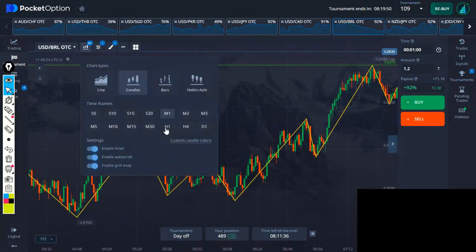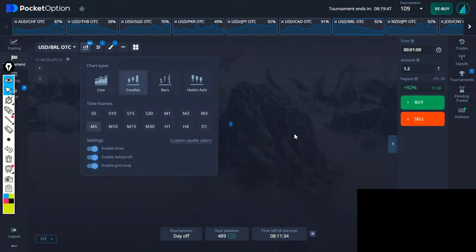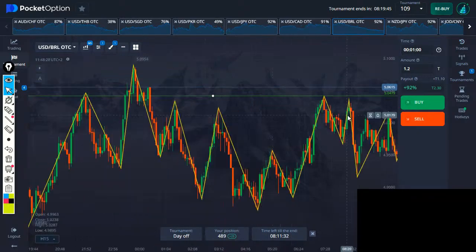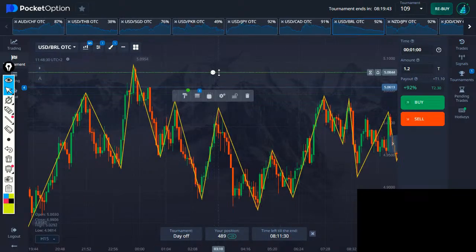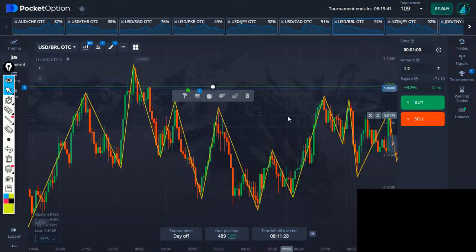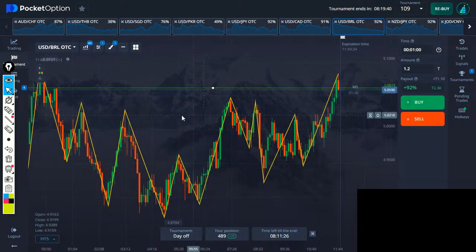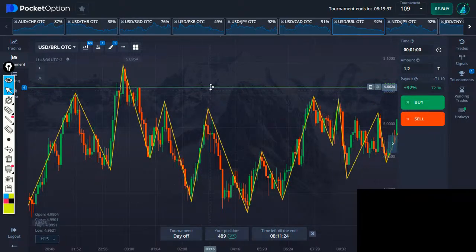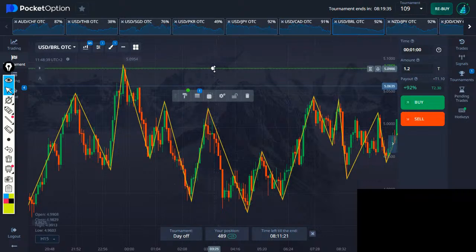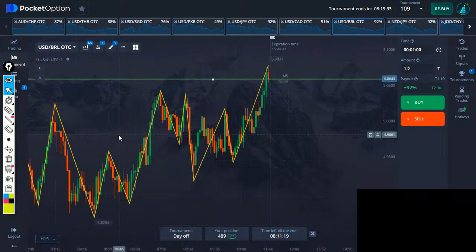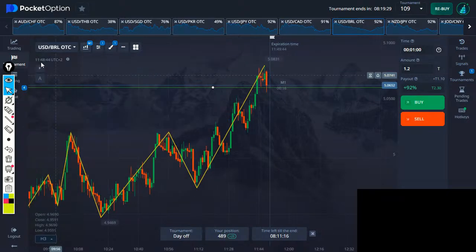Let me see if we have something even further to the past. Beautiful. This is a supply area. We have one over here as well, but it seems the pair is rejecting from it. All right, perfect. So we have our pair, 92% ROI.